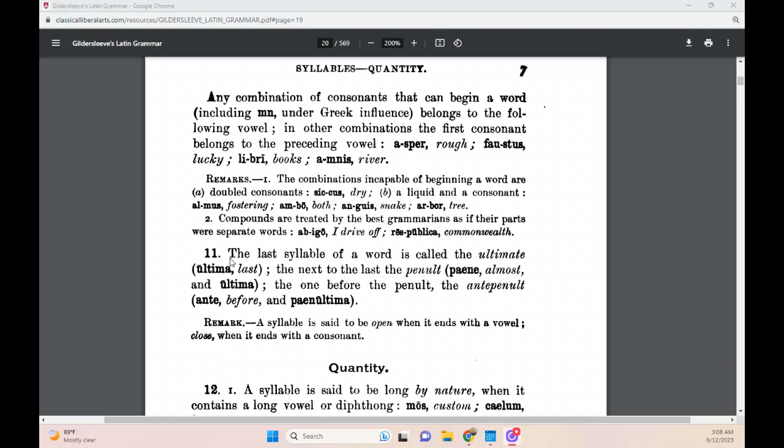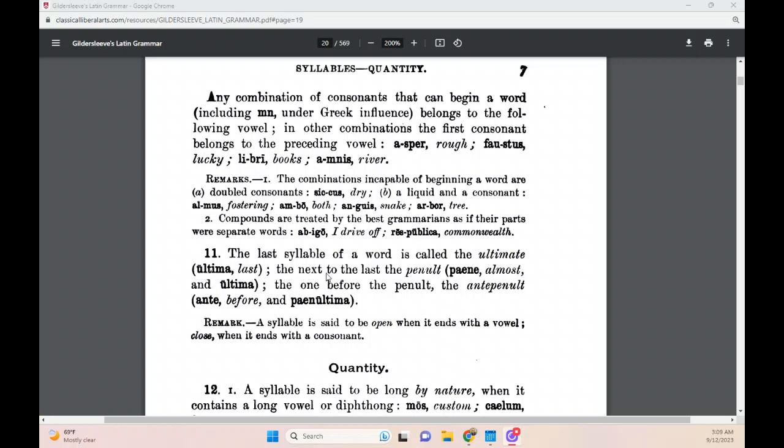We read that the last syllable of a word is called the ultimate syllable. Ultimate means last. The last syllable of a word is called the ultimate. In Latin, the word is ultima, and it simply means last. All right, so the last syllable of a word is called the ultimate, or the ultima syllable.